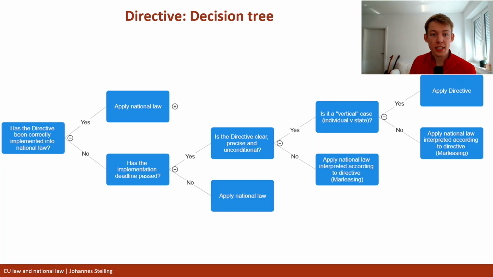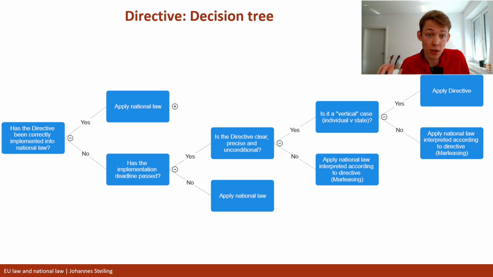Okay, so let's say the directive could have direct effect, clear and precise, implementation deadline has passed, not implemented, but we have a horizontal case. So it's me suing my neighbor, it's me suing a company. Now the ECJ says, no, we can't apply the directive in this case, so we can't disapply national law.